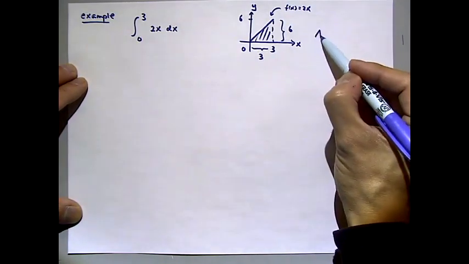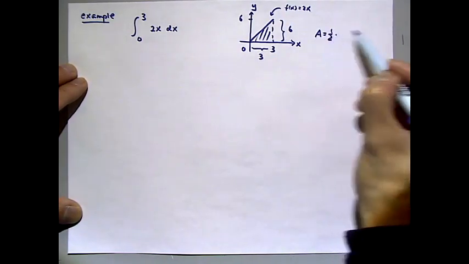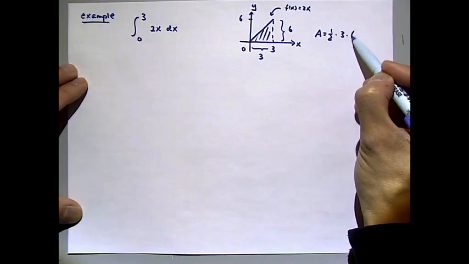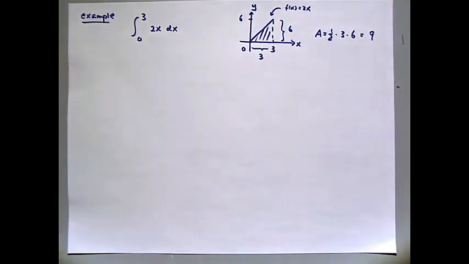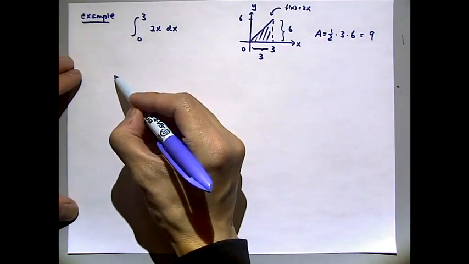So the area, 1/2 times base times height, gives me 9. That's what I should be getting. When we apply the fundamental theorem of calculus, we better get the same thing. So let's do that.